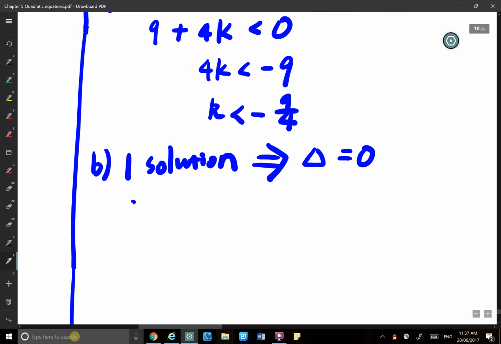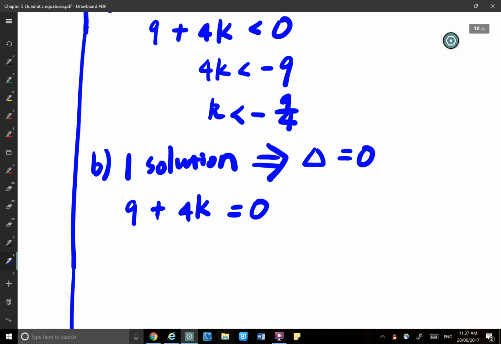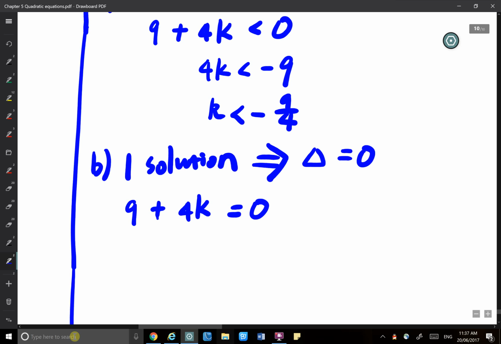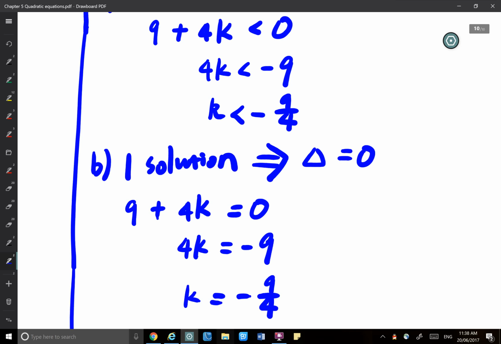Therefore, 9 plus 4k will equal 0. So 4k equals minus 9, k equals minus 9 over 4. So only one k value can give you only one solution.